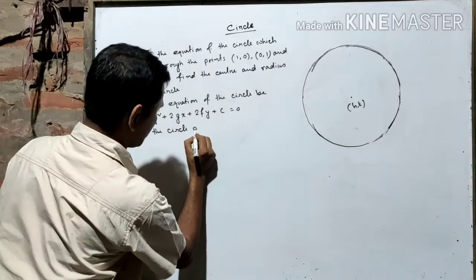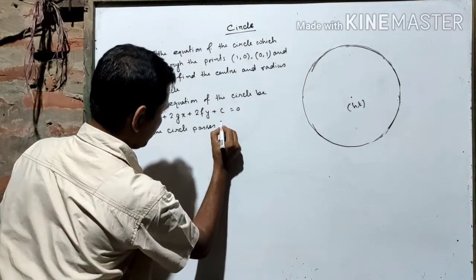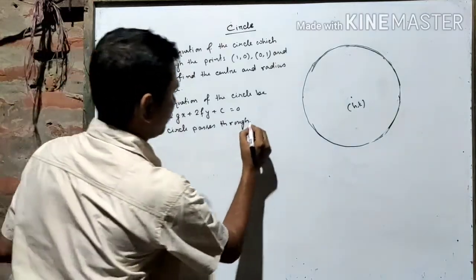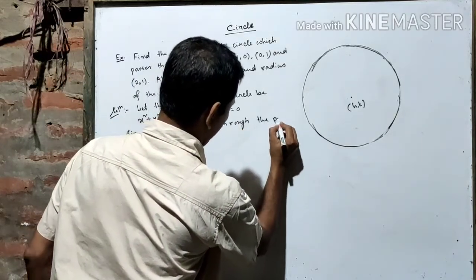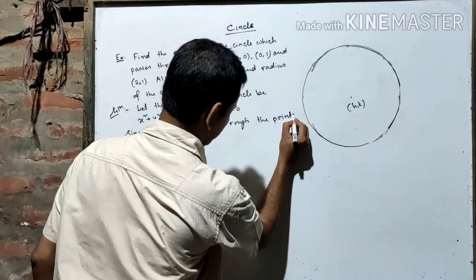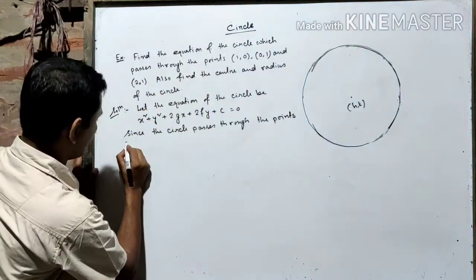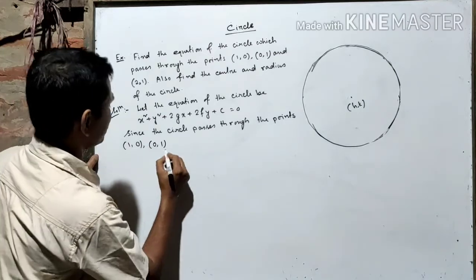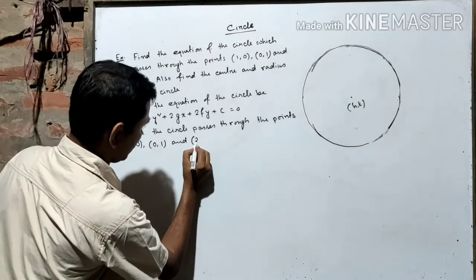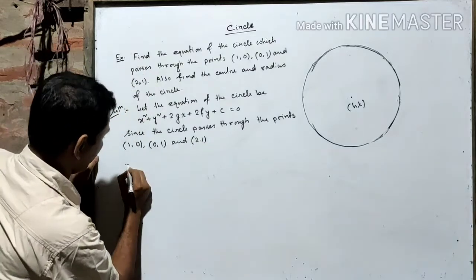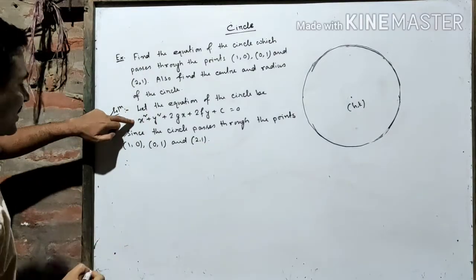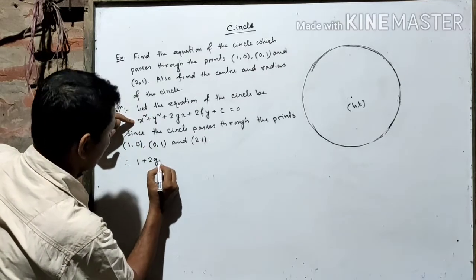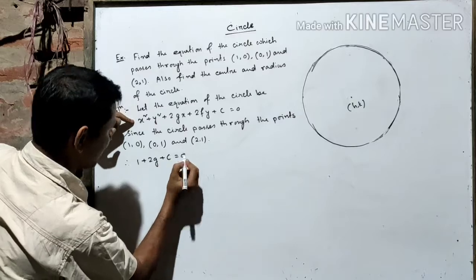Then since the circle passes through the points 1, 0, 0, 1 and 2, 1, therefore, from 1, 0, putting x equal to 1, y is equal to 0, this is going to be 1 plus twice g plus c is equal to 0.